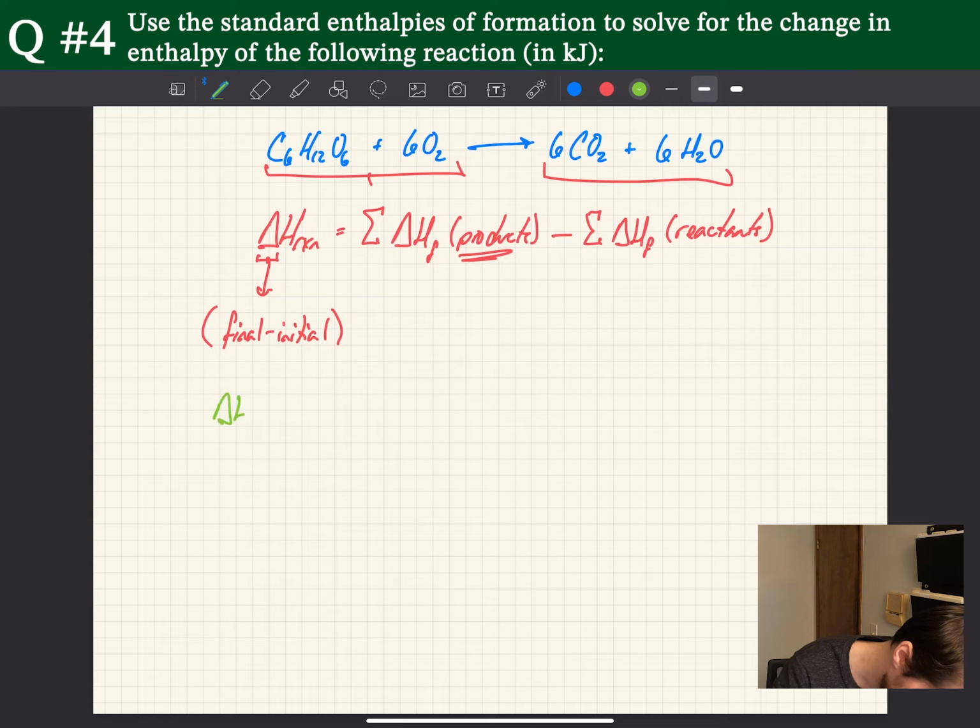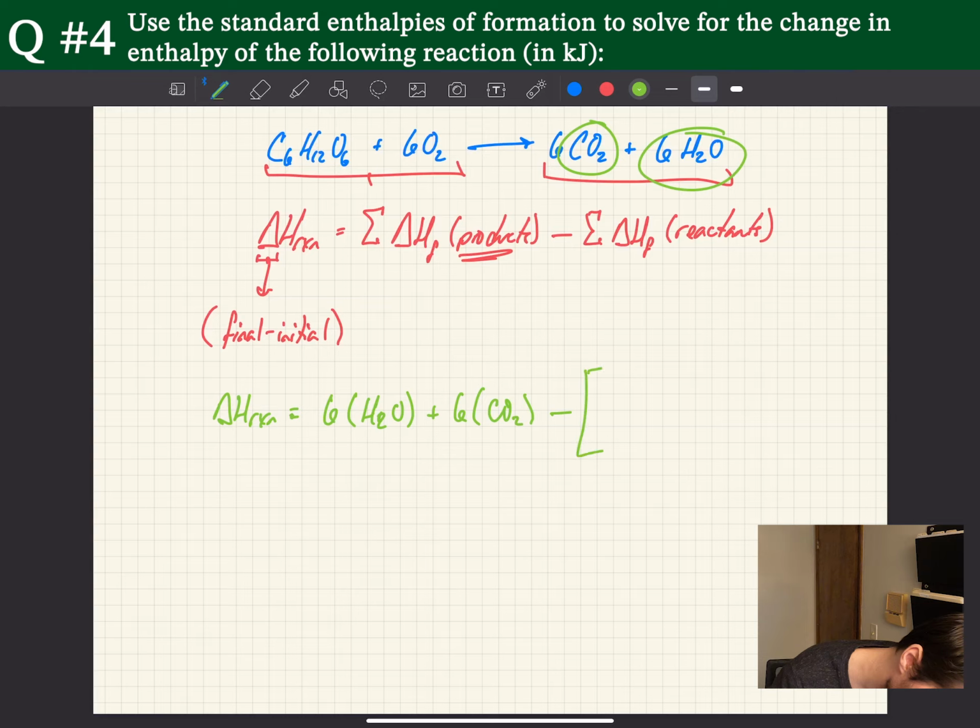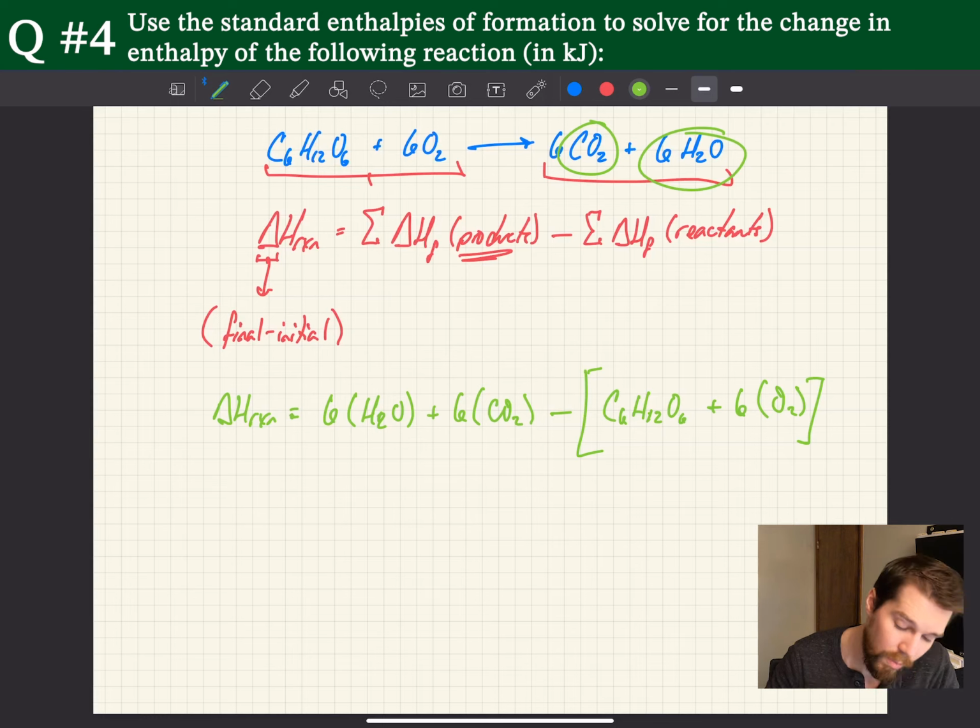Delta H of the reaction equals, and this is how I write it out personally, 6 waters plus 6 carbon dioxides, minus the quantity of 1 C6H12O6, this is glucose in particular, plus 6 O2. All right, so now all we have to do is plug the numbers in from the table that's given, and we're done. Well, we have to use a calculator.